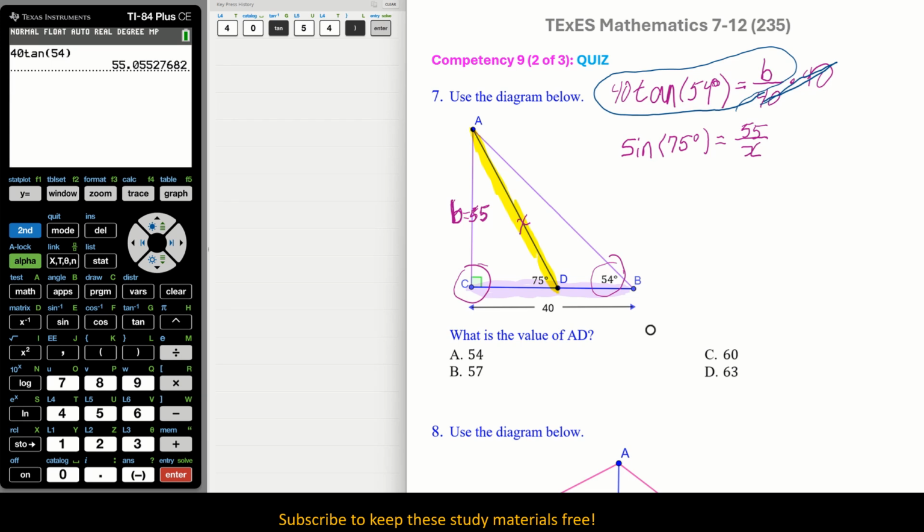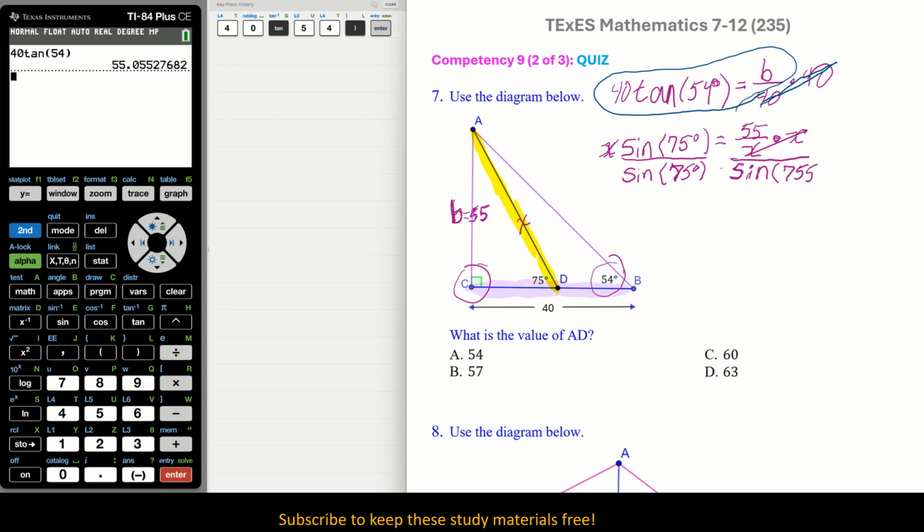We have to multiply both sides by X, which cancels out, and then we divide both sides by sine of 75 degrees.